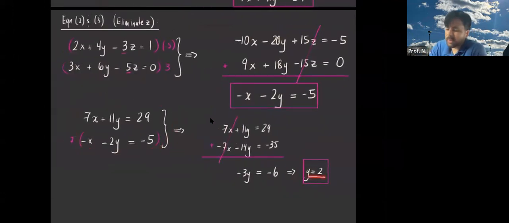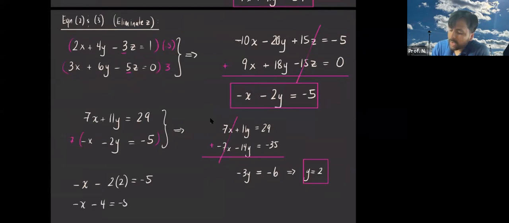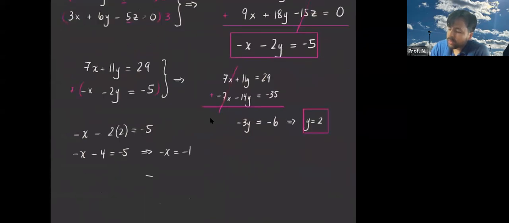If I know what y is, then finding x should be straightforward. So I'm going to use the second equation. So negative x minus 2 times 2 equals negative 5. Negative x minus 4 equals negative 5. I add 4 on both sides. I get negative x equals negative 1, which means that x equals 1.